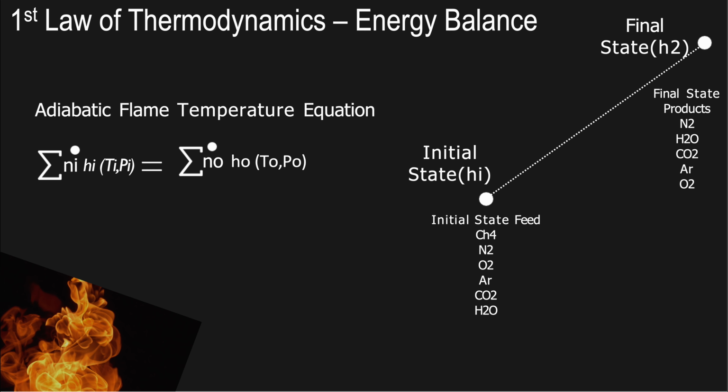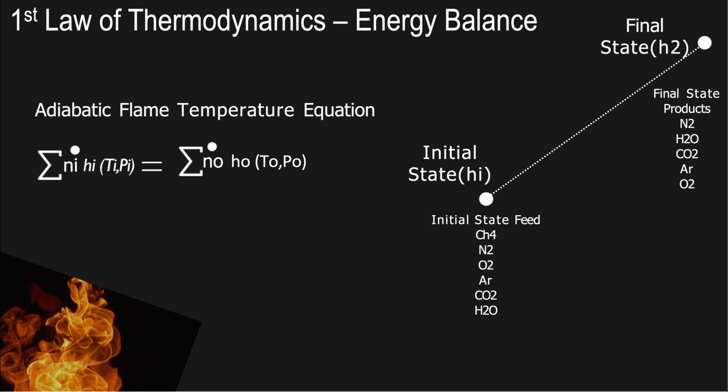So as we have stated earlier, this is the adiabatic flame temperature equation, and basically here, whenever we have a combustion reaction, we have an initial state which is a given temperature and pressure. We have methane, nitrogen, oxygen, argon, carbon dioxide, and water. And then we want to move to the final state, at the T that we want to calculate, but that state is going to have different components.